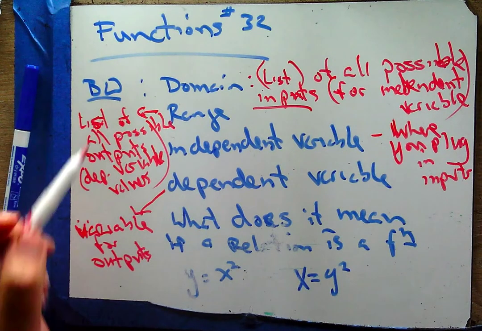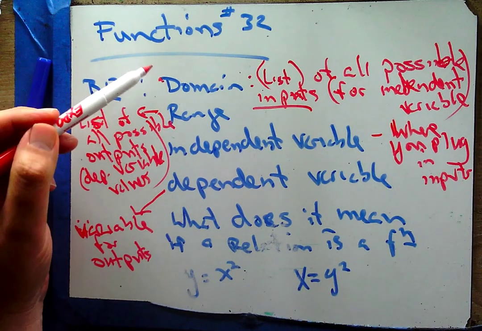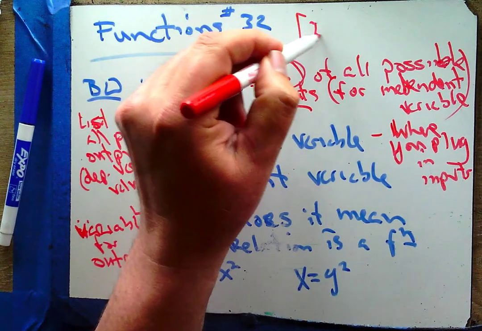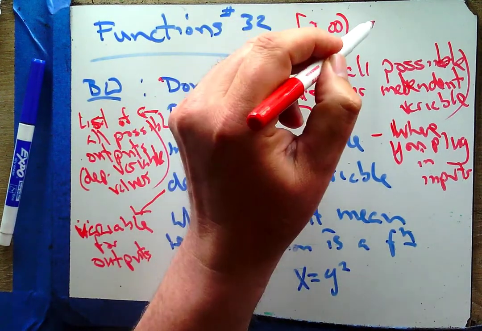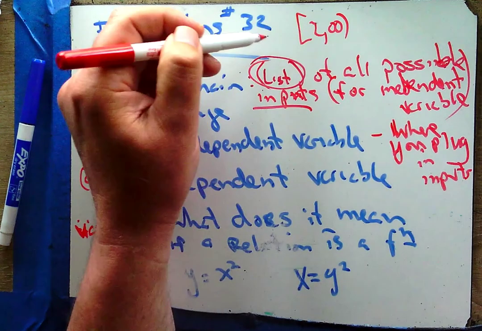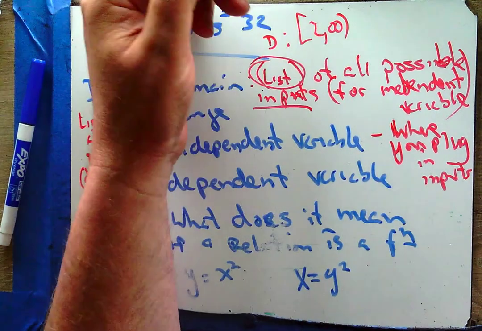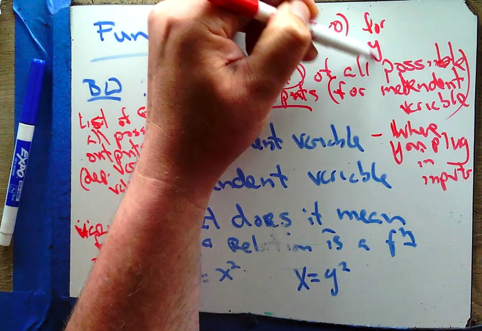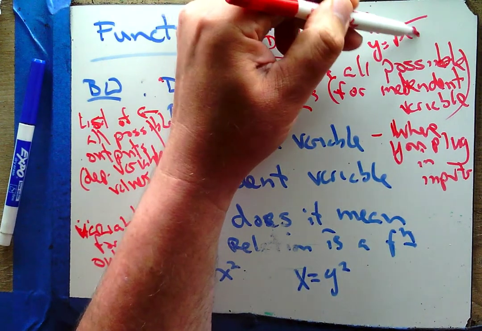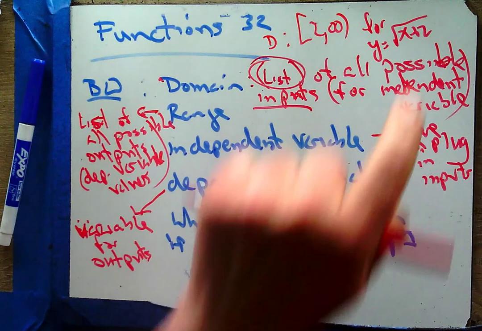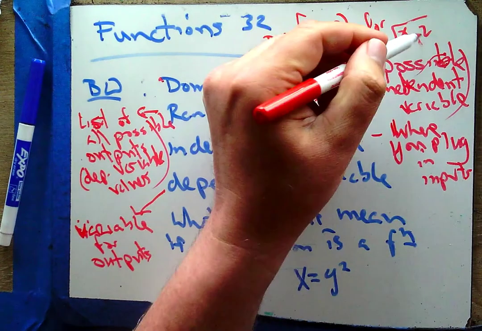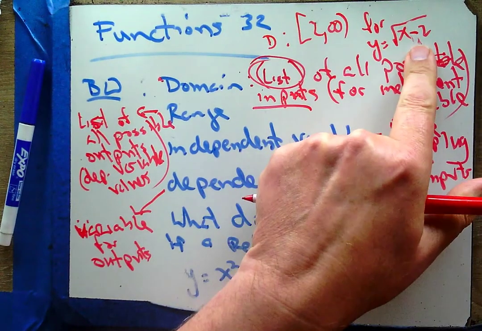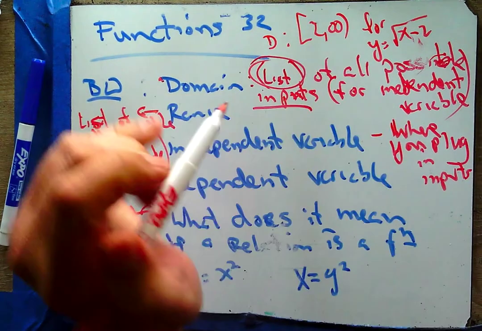Okay, so domain, inputs. And when we say list, I mean write in interval notation. So the domain is bracket 2 to infinity for y equals square root of x minus 2. Yeah, so if I have to say domain of this, it's going to be this.